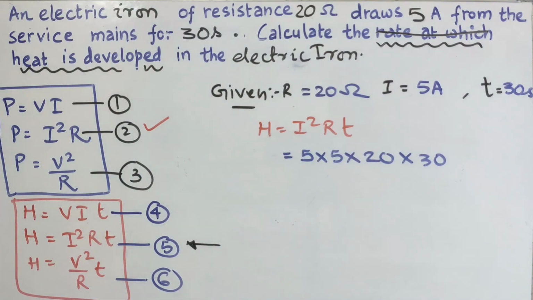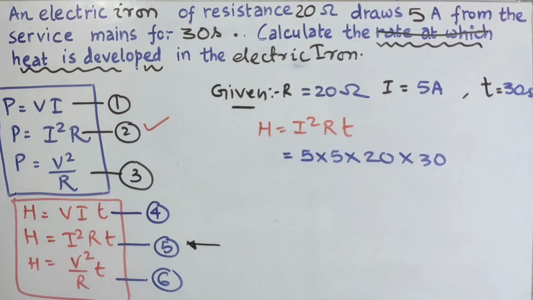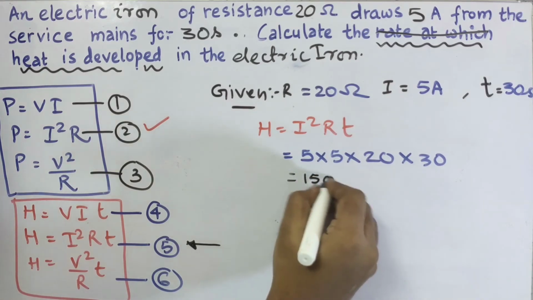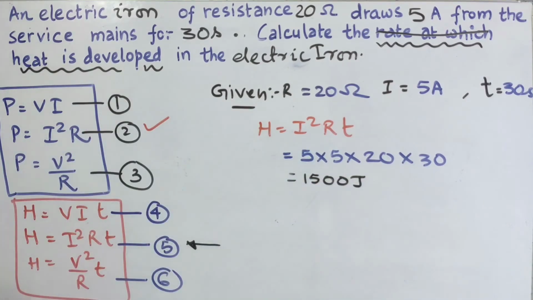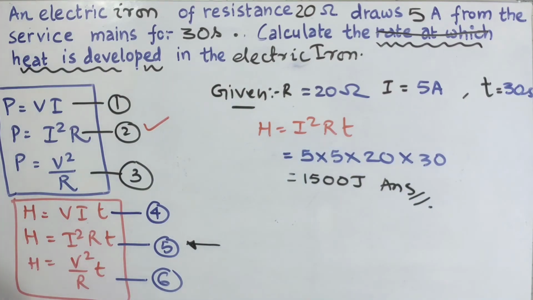So by multiplication, 5 5s are 25, 25 20s are 500, 500 3s are 1500. So 1500 joules we are getting. So this is the answer. I hope you have understood. Okay. So this is how we need to do it.